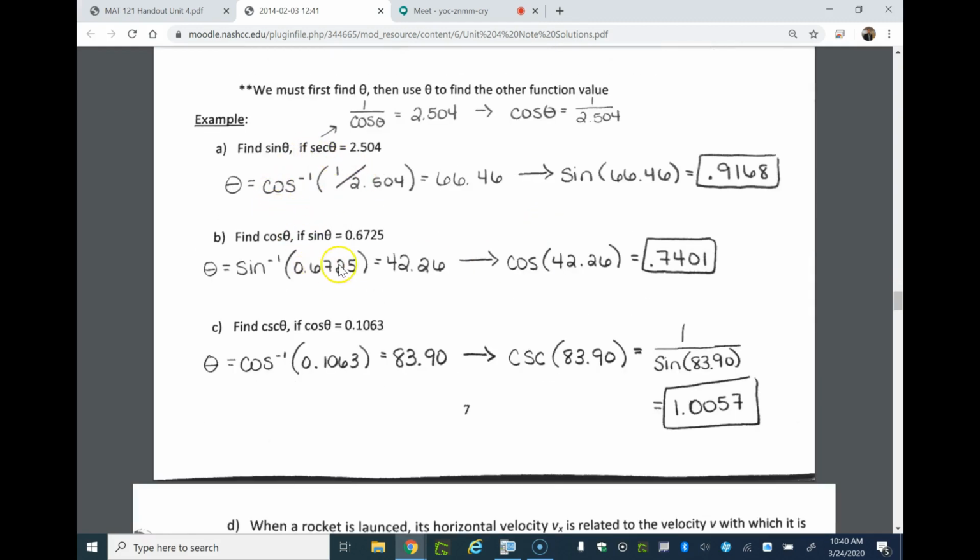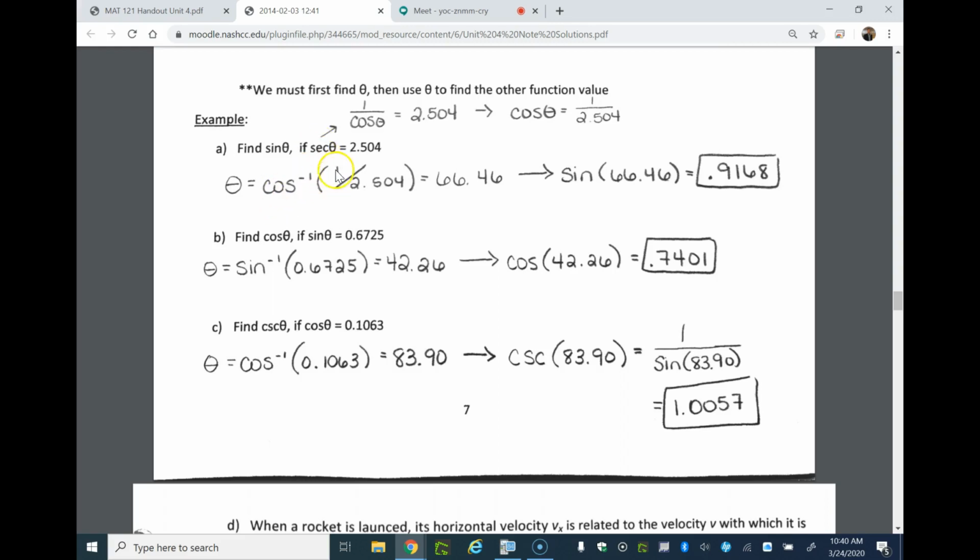This is just more examples that you can follow. This solution is available for you. If the direction says find sine, and we're given the secant of this one, first of all, we have to convert it to degrees, and then throw it into the sine button to get the actual decimal. So we do the inverse cosine first, because we have to get rid of the secant part first.